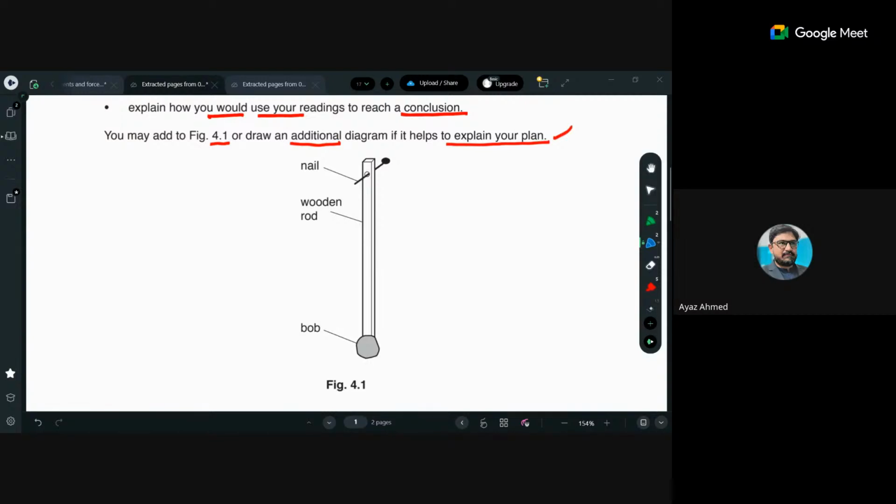What is the main area of investigation here? The main area of investigation is that we are to attach some thick sheet of card, either here, sorry, a bit above.